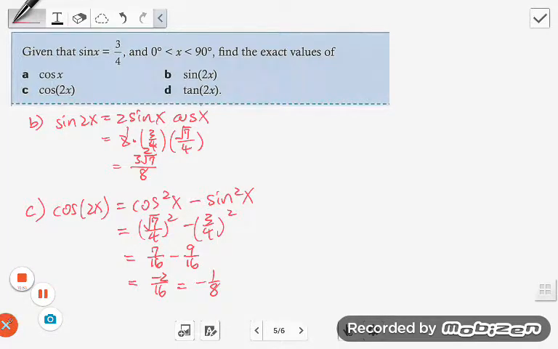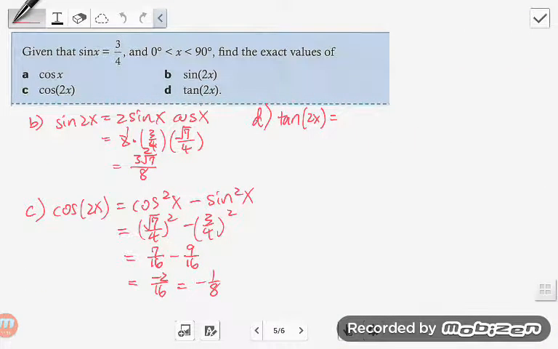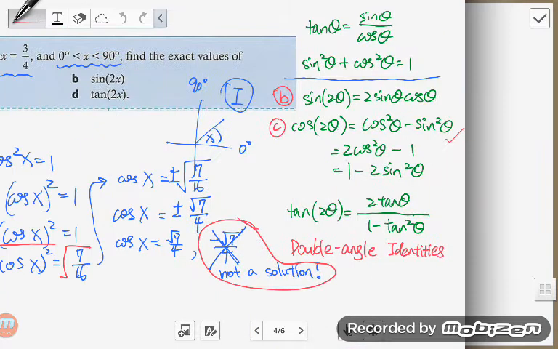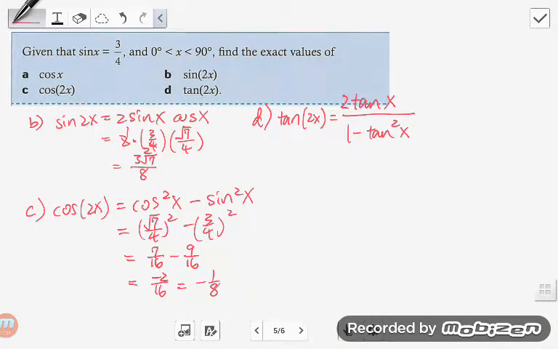All right. Now, what about part D? Part D, tangent 2x. So again, I'm going to refer back to my formulas. Tangent 2 theta is equal to 2 times tangent theta over 1 minus tangent squared theta. Tangent 2x will be tangent of x over 1 minus tangent x squared, right? Oh, I'm missing a 2 there. Sorry about that. There's a 2 there.